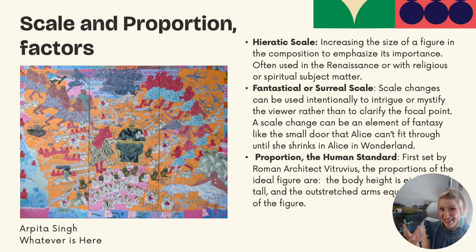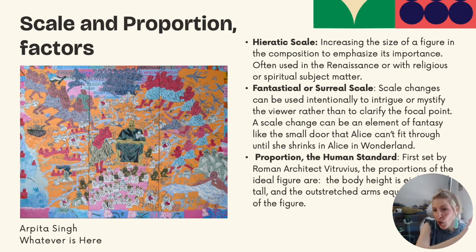Some other things we see in scale and proportion are hieratic scale, which we don't see quite as much anymore, fantastical or surreal scale, and then proportion set to the human standard. Hieratic scale is increasing the size of a figure in a composition to emphasize its importance.